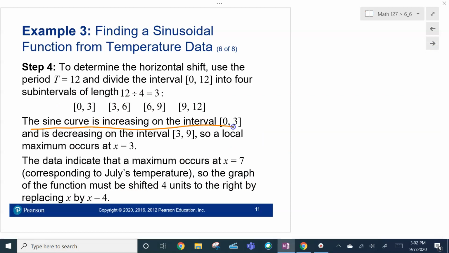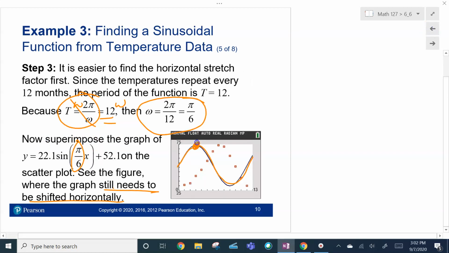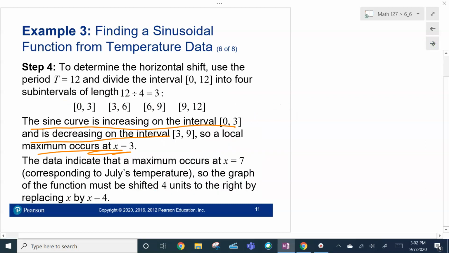The sine curve is increasing from 0 to 3, and then it's decreasing. So right now we have this max at x being 3 right here, okay? But we need this to occur at 7 months, at an x value of 7, right? Not at an x value of 3. So we have to shift this to the right 4 units.